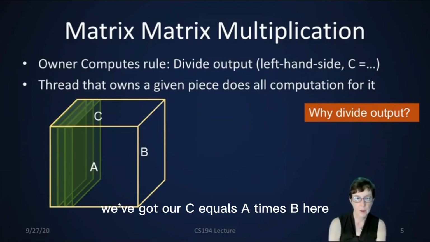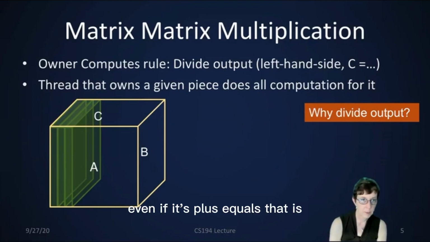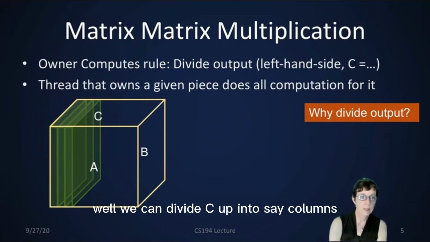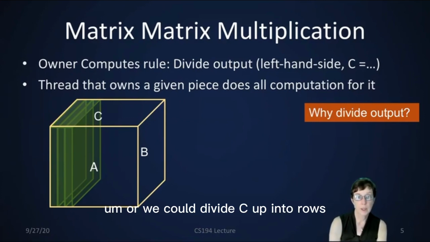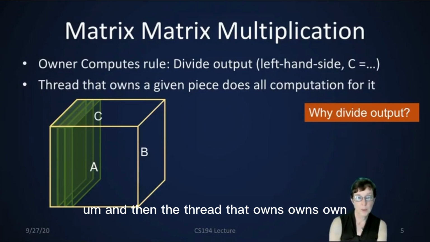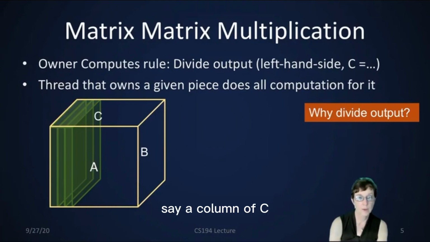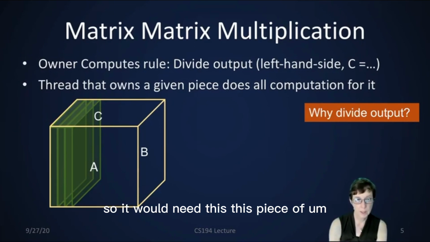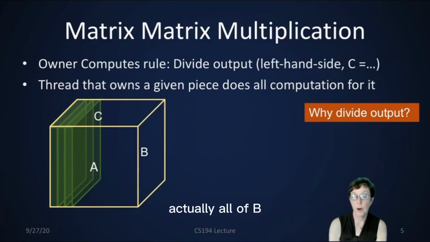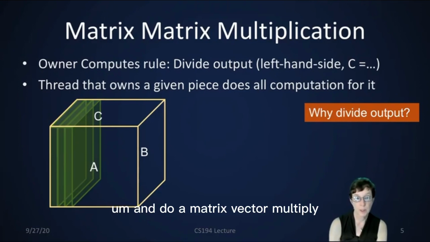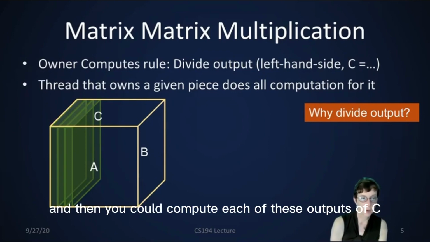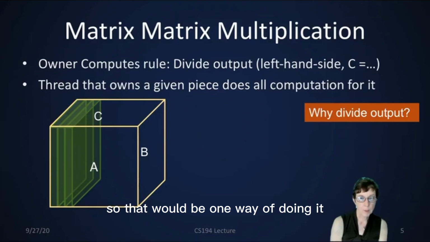We've got our C equals A times B here, or even if it's plus equals, the thing that's on the left-hand side is C. So if we divide C up, well, we can divide C up into, say, columns, or we could divide C up into rows. And then the thread that owns, say, a column of C would be responsible for all the computation of that column. So it would need this piece of A times actually all of B. So it would take this vector and do a matrix vector multiply, and then you could compute each of these outputs of C. So that would be one way of doing it.